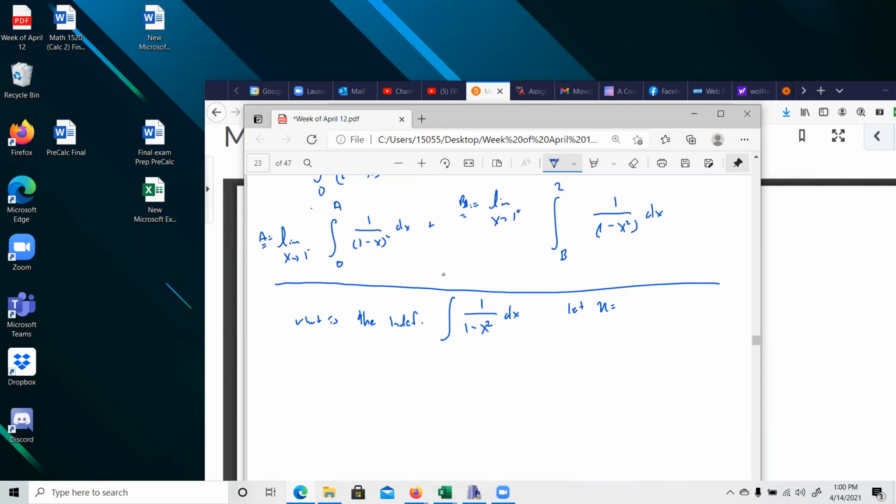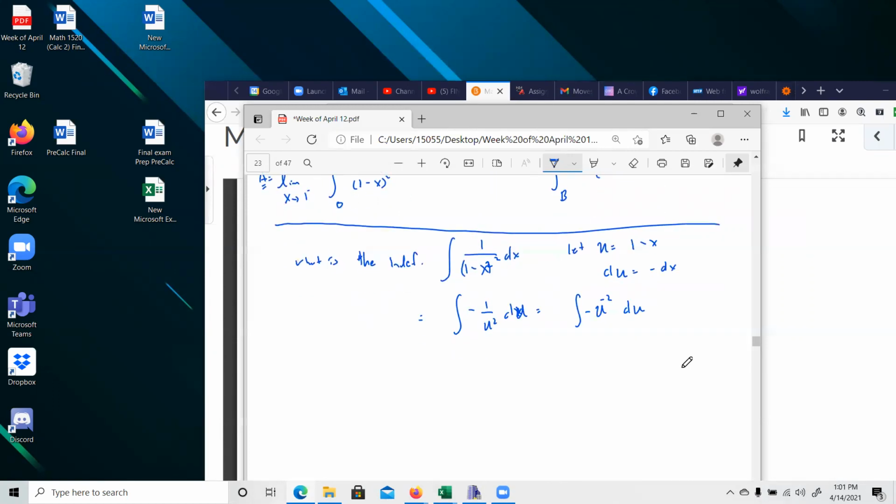We'll let u is equal to 1 minus x, not that squared. 1 minus x, du is equal to negative dx. So what we're going to have is the integral of 1 over u squared, negative du, which is the integral of negative that du.